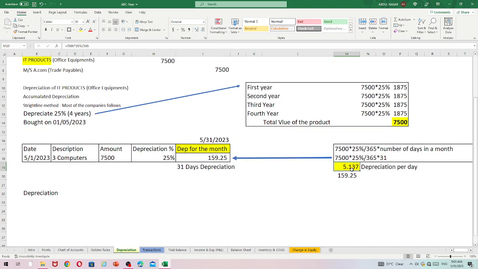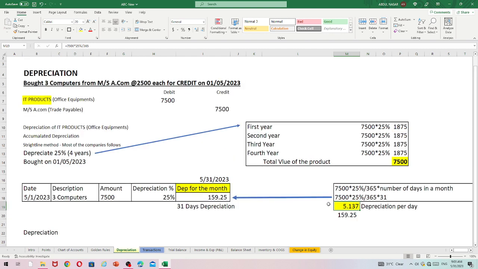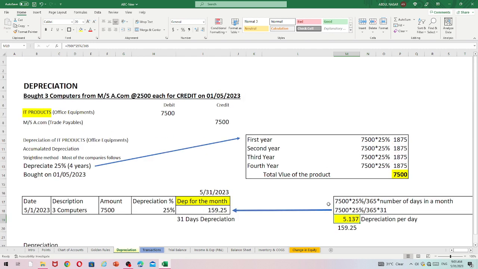So on a daily basis, this much amount we need to convert into expenses. This is the cost of using those three computers on a daily basis.